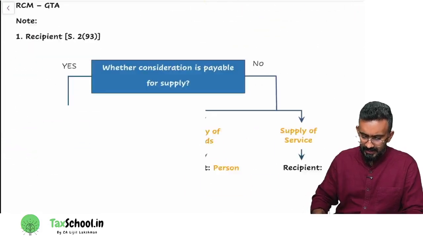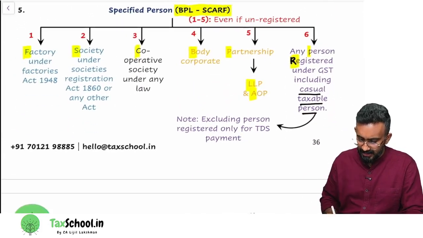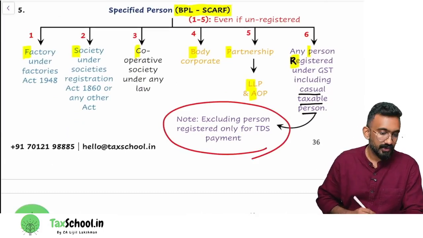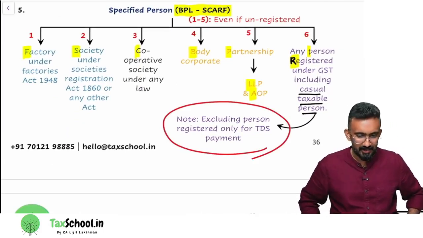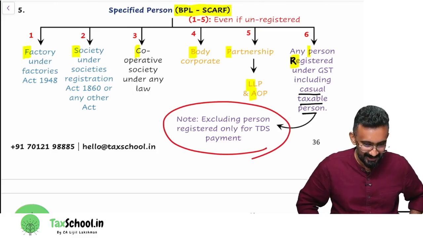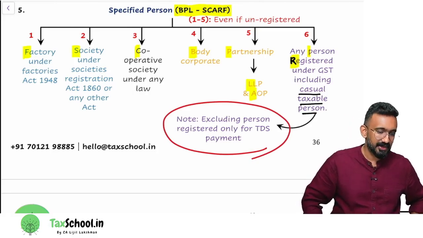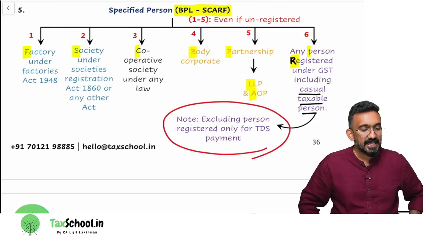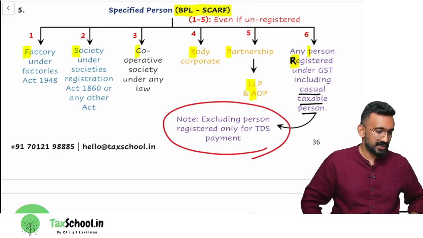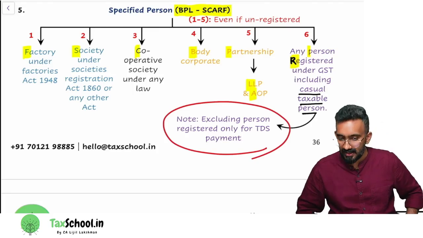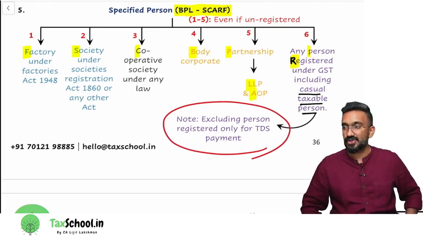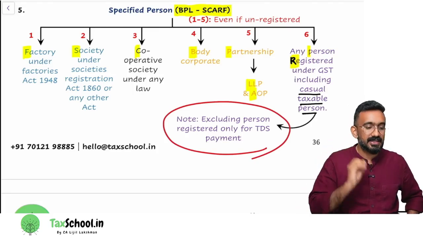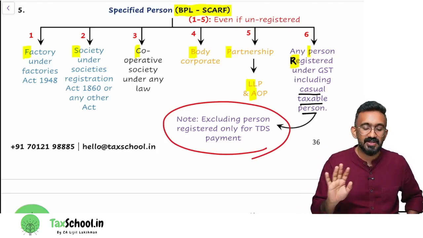Now, if you look at specified person, I have written something extra there. Shravan has asked that question already when he spotted that particular thing. I said any registered person would be a specified person. Now I'm telling you that not everyone is. If there is a government department which has taken a special registration only for paying TDS, don't consider them to be a specified person.